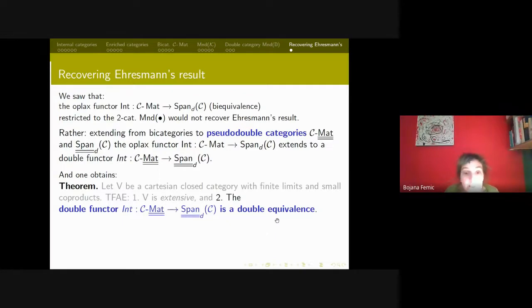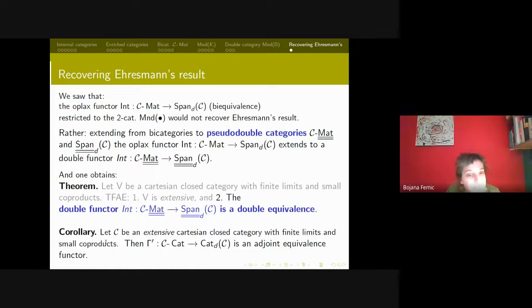Consequently, if you concretely consider zero-cells and vertical one-cells in these double categories, you recover that if V is extensive, Cartesian closed with finite limits and small coproducts, then there is this equivalence, and it actually coincides with Ehresmann's functor, which they denoted by gamma prime, from the category of enriched categories into that of discretely internal categories.